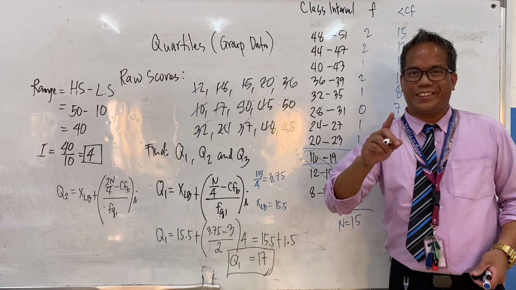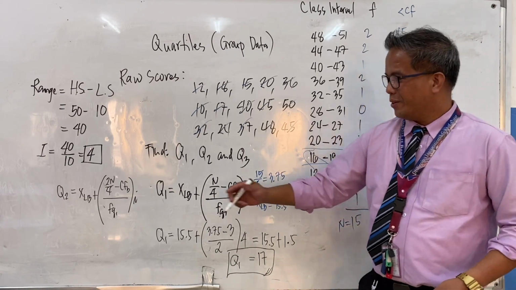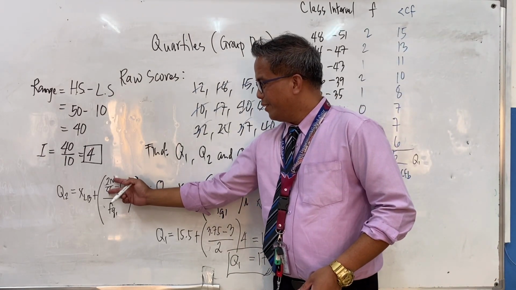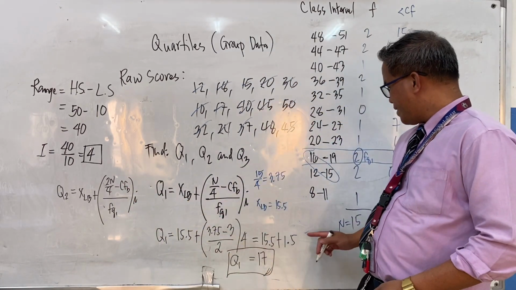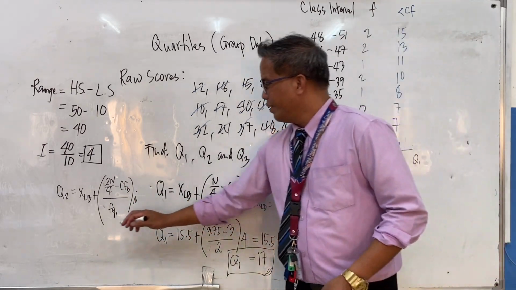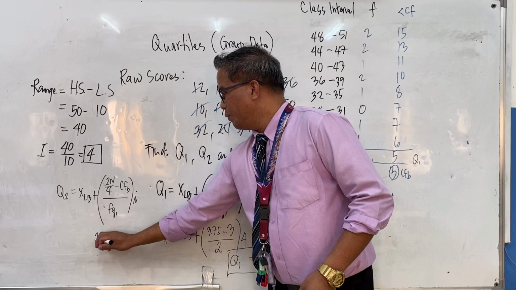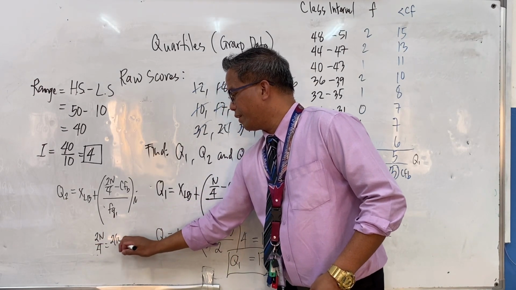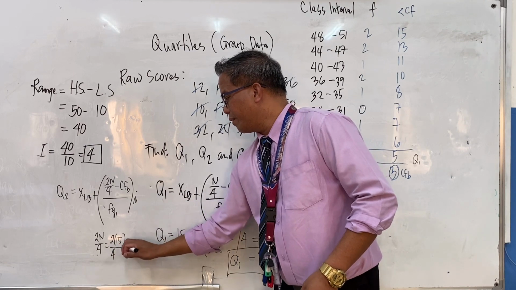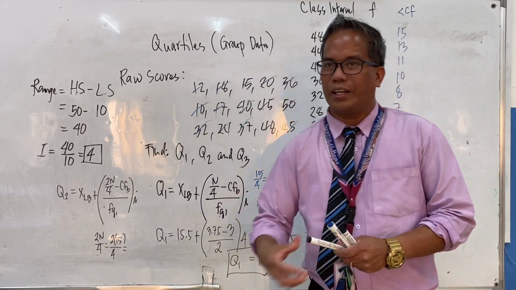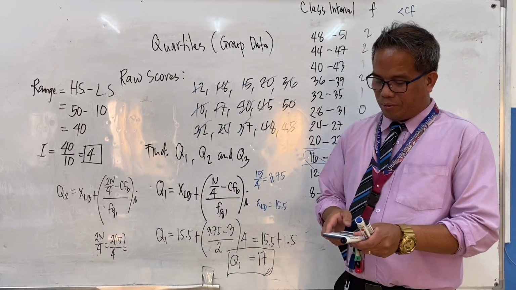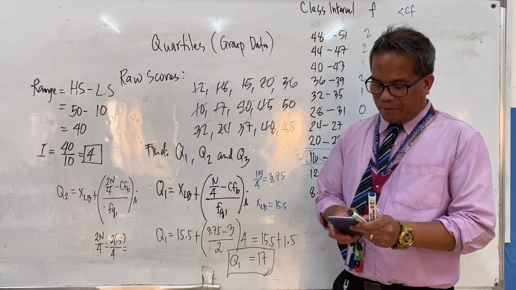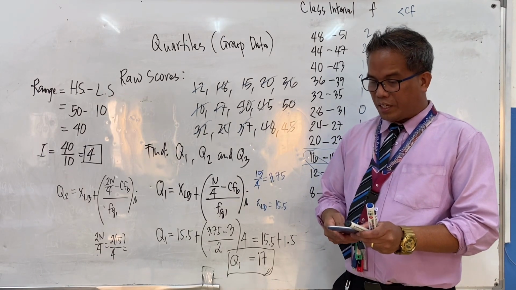First, you are going to solve this one. So 2 times n is 15. So we have 2n over 4 is equals to 2 times 15 divided by 4. Okay, so let us solve. 2 times 15 is 30 divided by 4 equals 7.5.